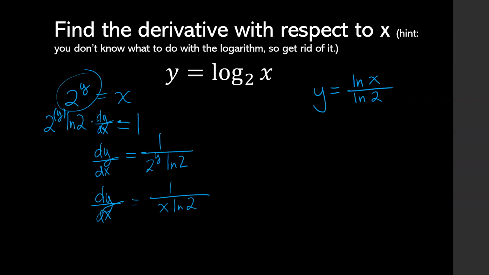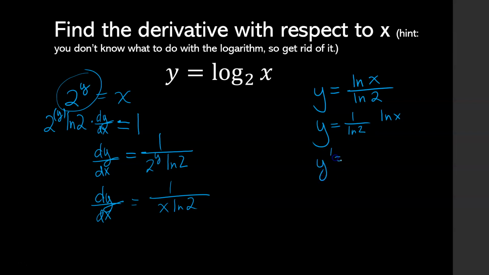Oh my gosh, I hope we get the same thing when we take the derivative of the other version, natural log of x over the natural log of 2. Now don't forget, natural log of 2 is a constant multiplier. So you can think of this as 1 over natural log of 2. Just pretend that's like 1/2. We get to ignore that. Multiplied by the natural log of x.